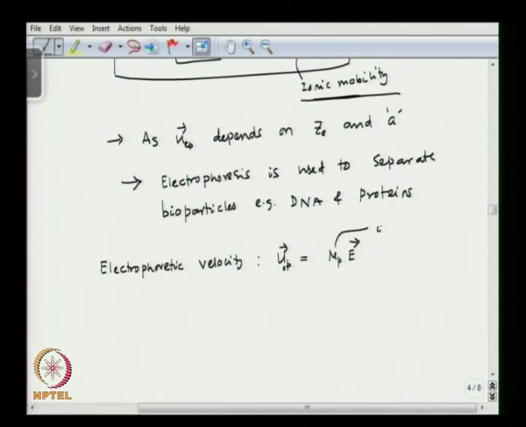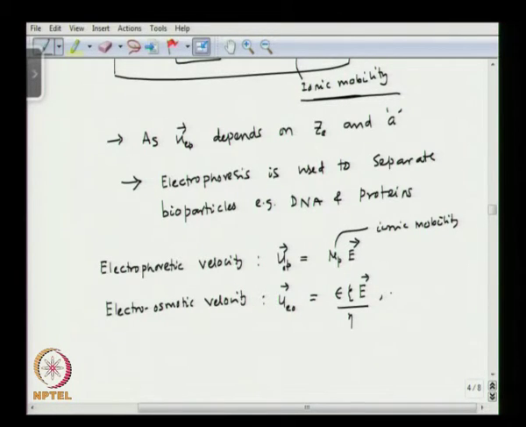So this is the ionic mobility, and the electroosmotic velocity u_EO is given by epsilon xi electric field divided by eta, okay.